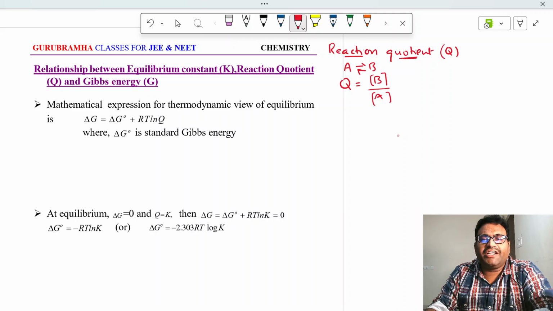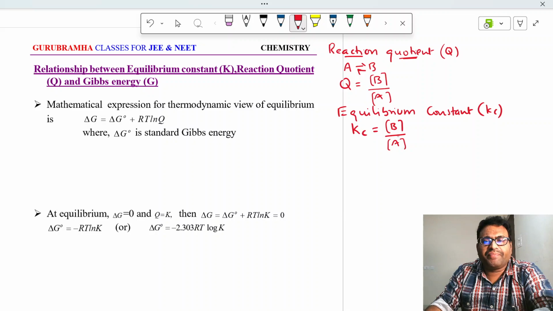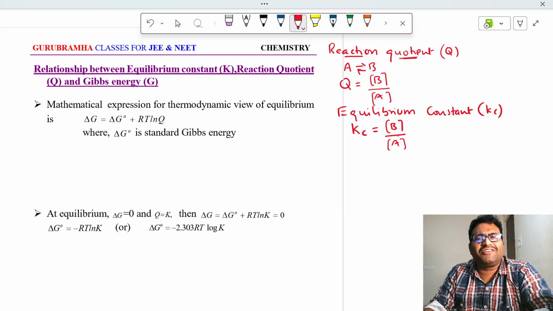Let us also write the equilibrium constant for the same reaction. Let me write Kc for the same reaction. Concentration of B by concentration of A. So what is the difference between Q and Kc now?